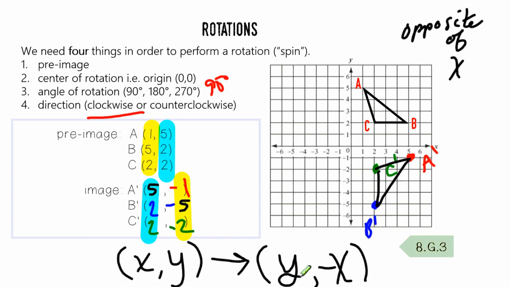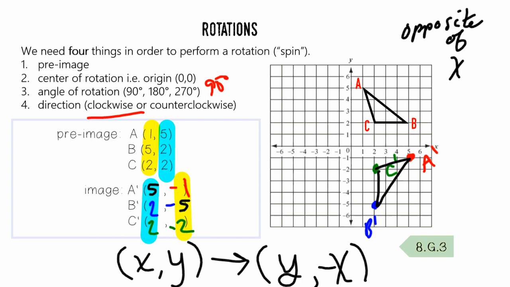Now, do they look identical? 5, 2, 2, and 5, 2, 2. They do. So what happens when I rotate 90 degrees clockwise is the X and Y change positions, and the X becomes the opposite of what it was.